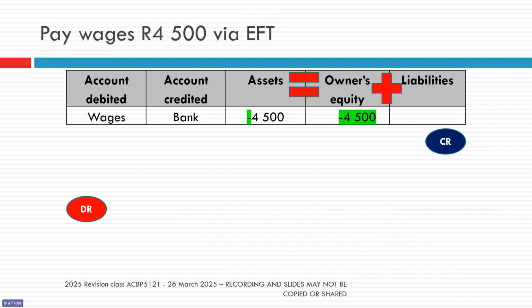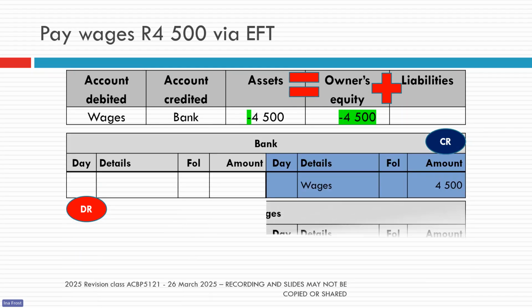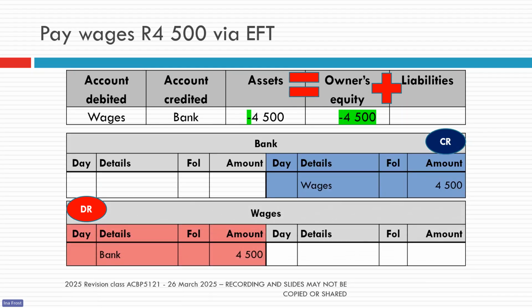So by just reading that transaction, I'm already able to identify that I need to use two accounts, an expense and my bank account. If I'm paying wages, my expense is going to increase, so I need to debit the wages account. On the other hand, because I'm paying cash, my asset must decrease. So my asset's going to decrease and my expense is going to increase.